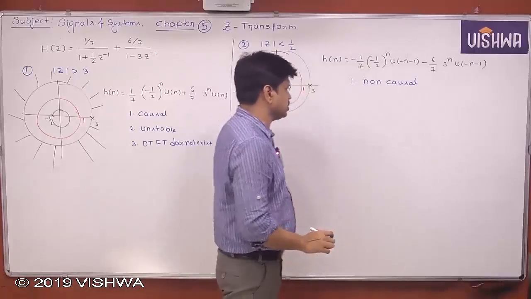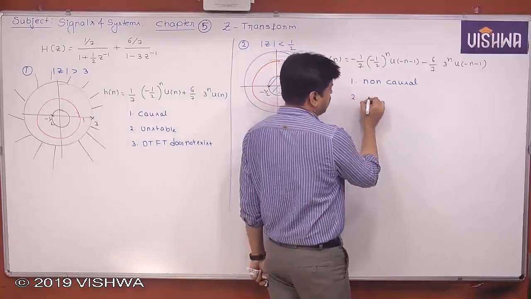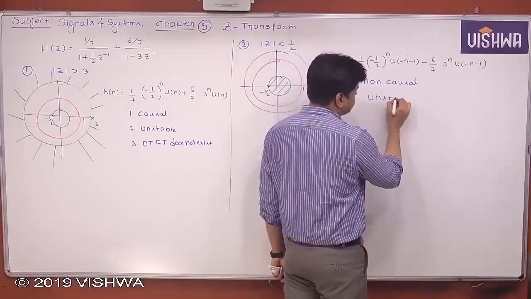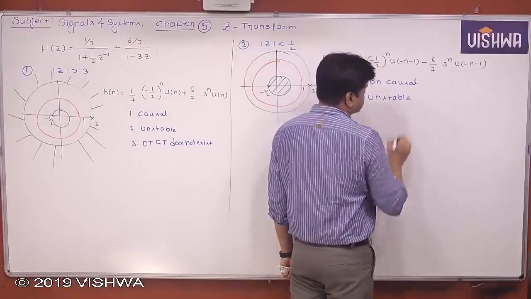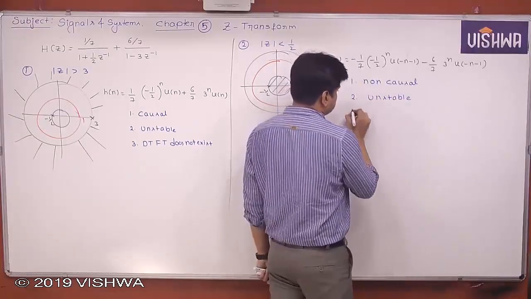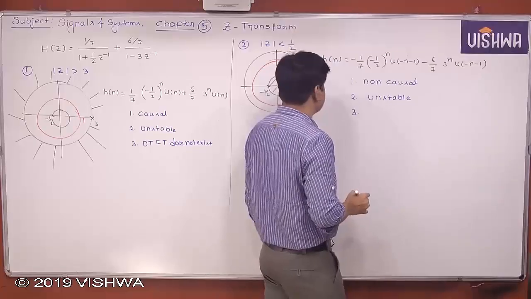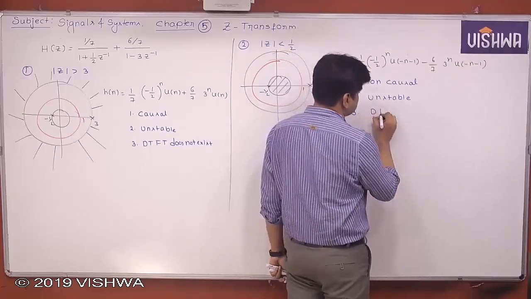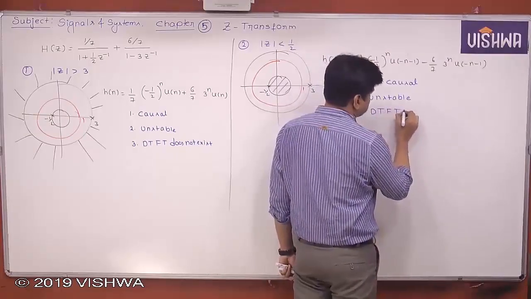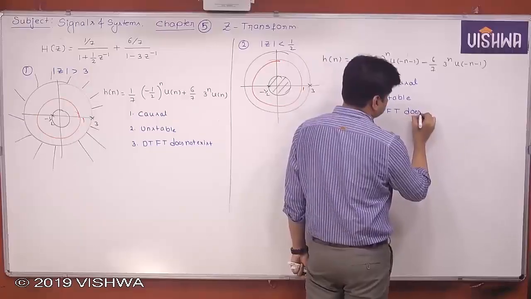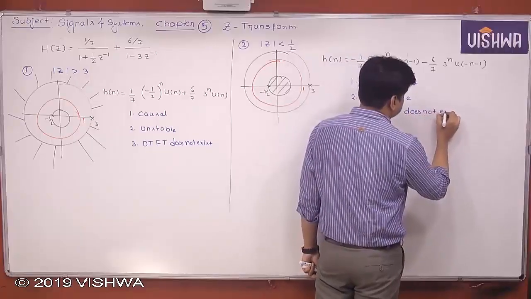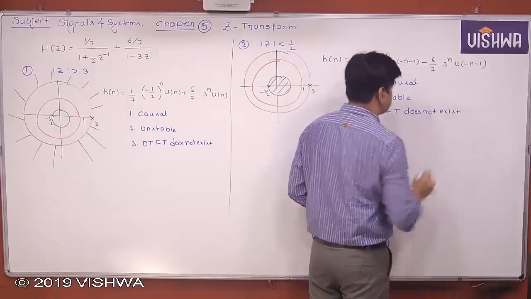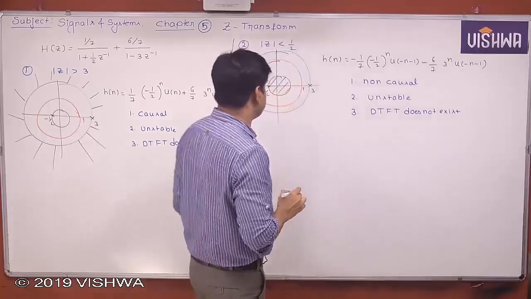Second one, unstable. Why? Because ROC does not contain the unit circle. Third one, DTFT does not exist, same reason. Next, third case.